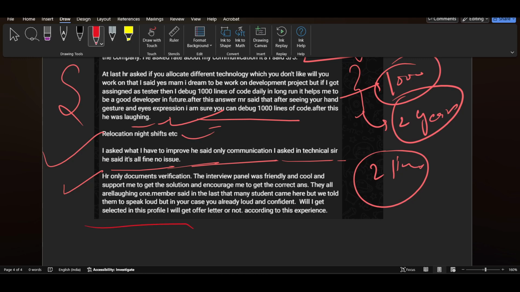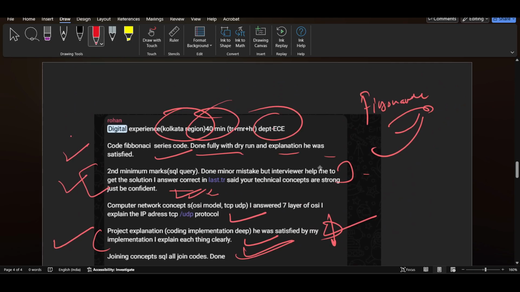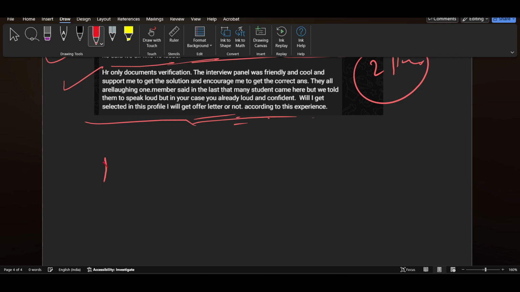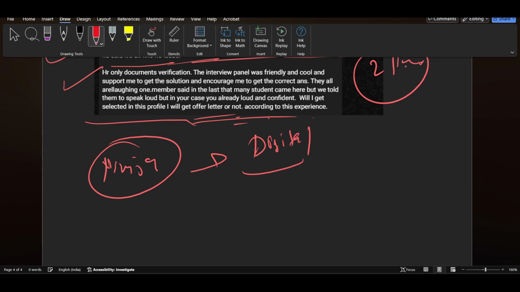Will I get selected in this profile? Will I get an offer letter or not, according to this experience? If your experience is like this, and if they said to improve your communication skills, maybe you will get Ninja. Digital is a little bit difficult, because the primary requirement is that you will be interacting with the clients directly. When anyone is interacting with clients, the main requirement is communication skills.